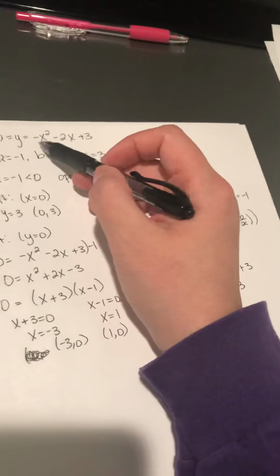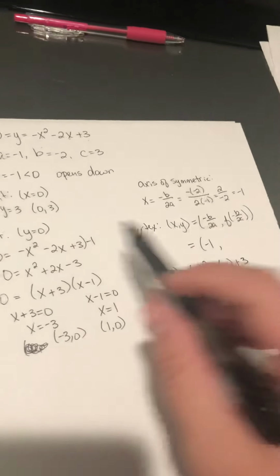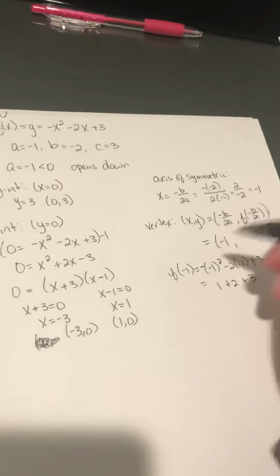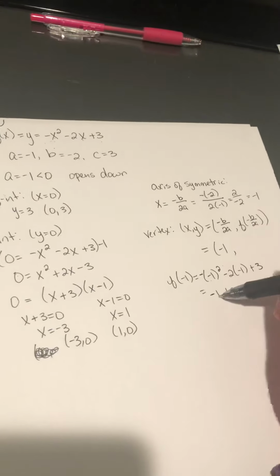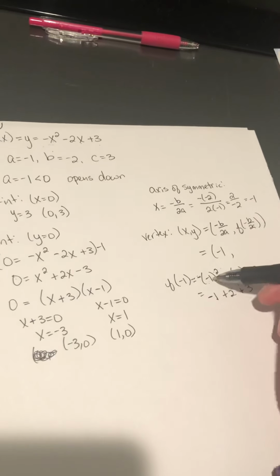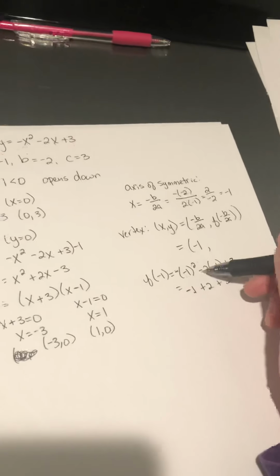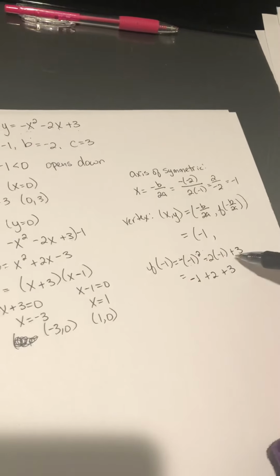Sorry, I forgot my negative up here, negative x squared. So it's a negative x squared, so negative negative 1 squared. I'll get it right in a minute here. So negative negative 1 squared is positive 1, but the negative's on the outside, so it's still negative. Negative, minus 2 times negative 1 is still positive 2, and then plus 3.